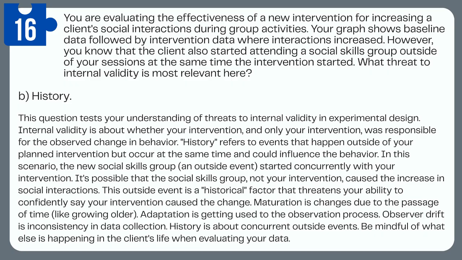In this scenario, the new social skills group, an outside event, started concurrently with your intervention. It's possible that the social skills group, not your intervention, caused the increase in social interactions. This outside event is a historical factor that threatens your ability to confidently say your intervention caused the change.